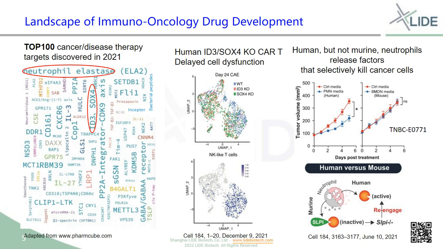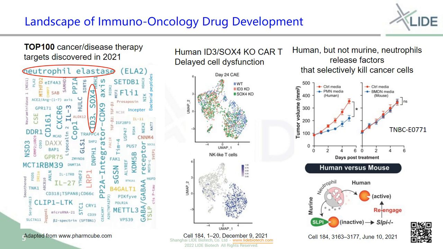In the last year, more and more novel cancer therapy targets have been identified and started clinical translation, such as ID3 and SOX4. This is very interesting. These two molecules were reported by the Kaijun group.